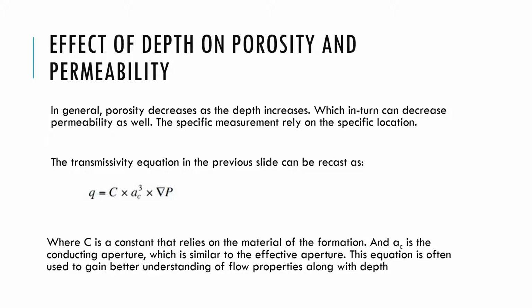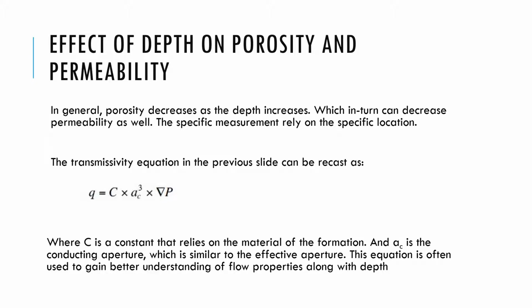However, in whatever formation you look at, if the porosity decreases, that means permeability will have to decrease as well, because permeability, as we mentioned, is going to really rely on interconnectedness of pores or of apertures. So if these apertures or pores become smaller because the porosity is decreasing, the permeability will have to decrease as well.